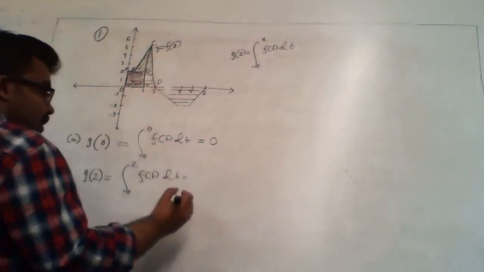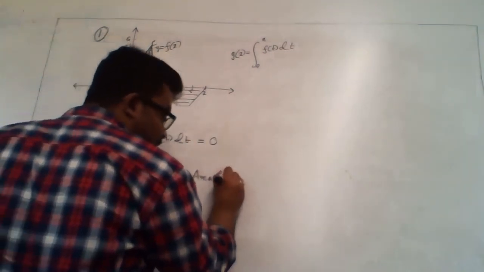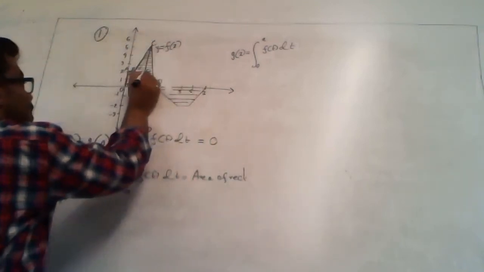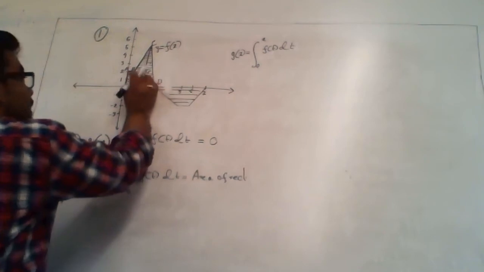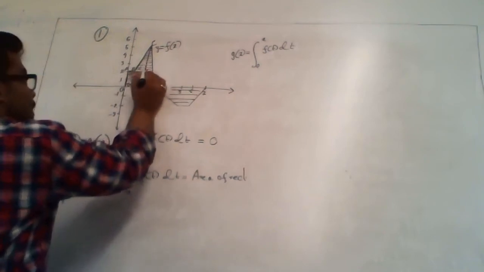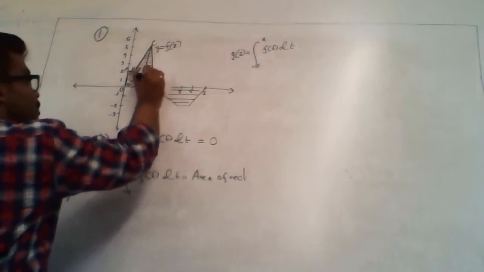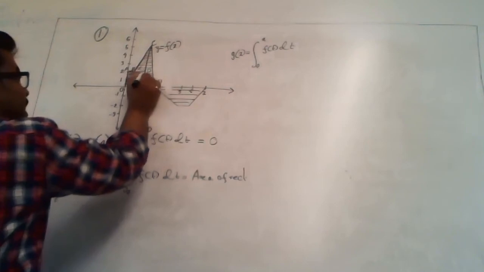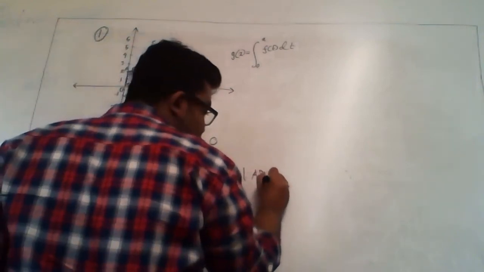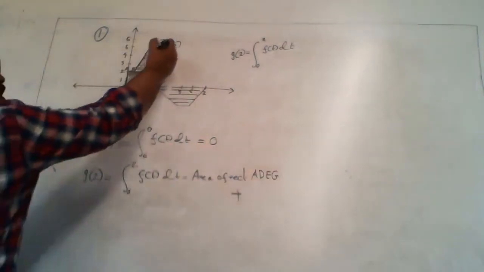So the area of the rectangle, and let's name this rectangle, we have already used A, B, C. So this rectangle is ADEG, right, plus the area of the top triangle CBD.